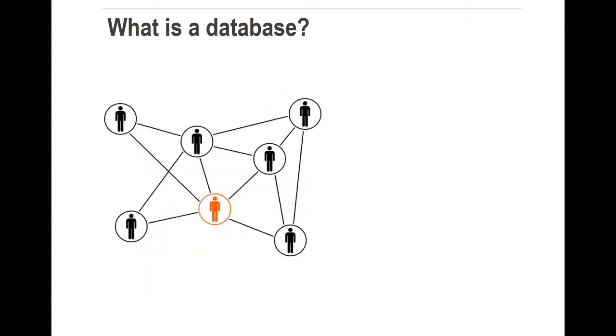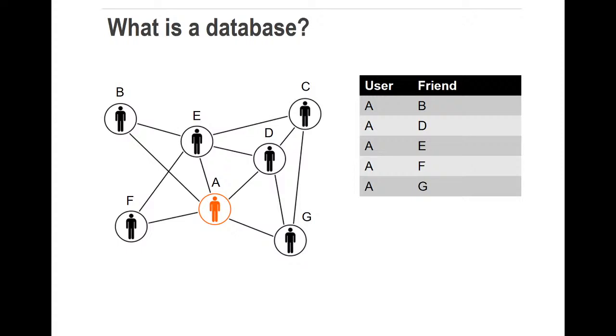Okay, so let's take a look at another kind of what people consider a database, and this is more of a modern database. This is a graph. Graph is actually used in modern database as the underlying data structure. But for this particular graph, we can actually model it as a table. And this is what the table looks like. So you have a user.